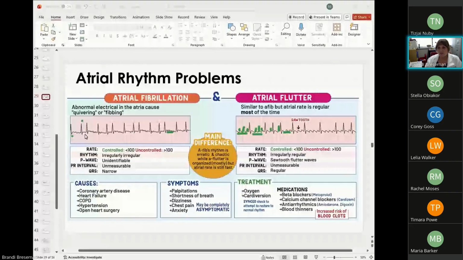It is an electrical shock that we deliver to the heart, and it is painful. So if we have time, we try to medicate our patients and give them something to help them relax.